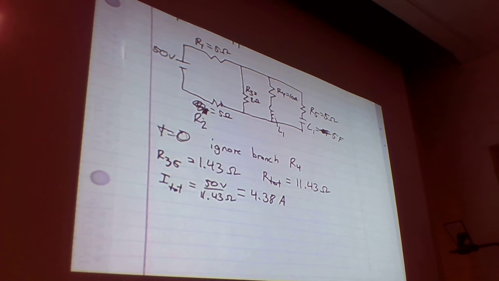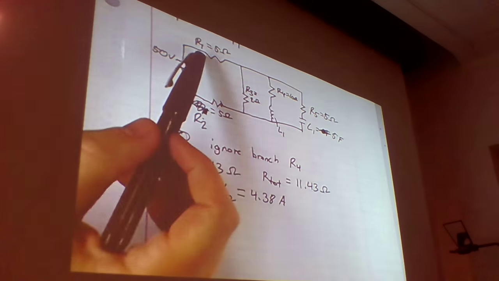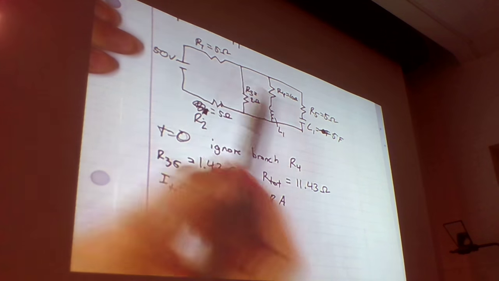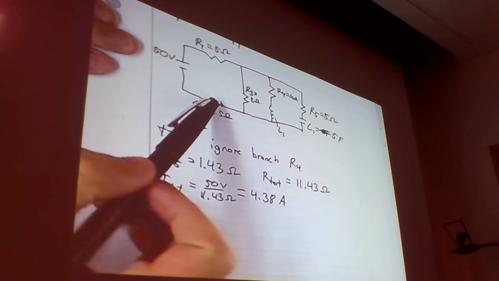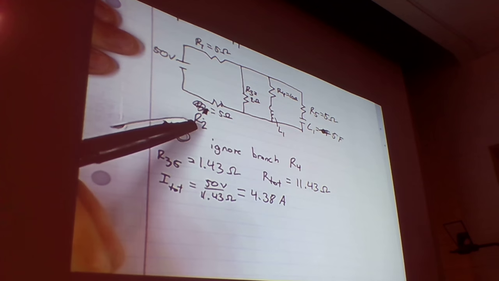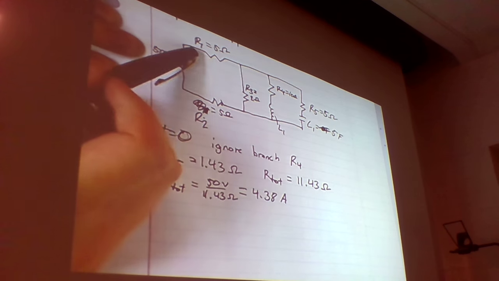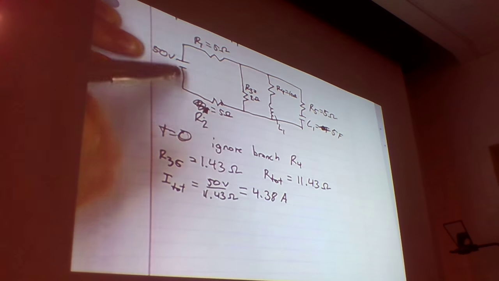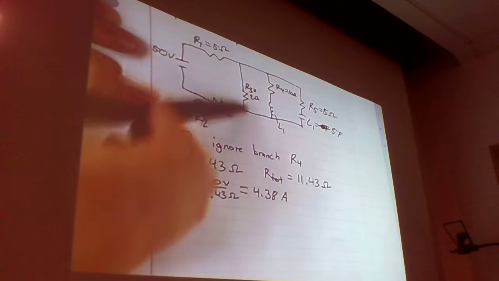Wait, how did you get our total? Okay, so let's see. No, so 3 and 5 are in parallel, and then 1, 3,5, and 2 are all in series. If you just walk through it, R1, R3,5, and then R2 all are in series.